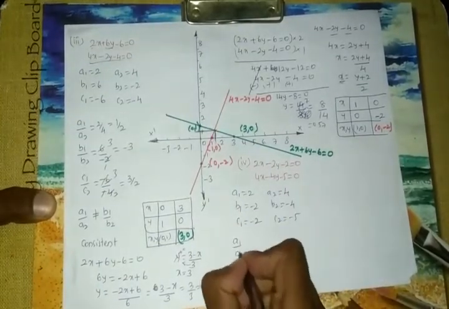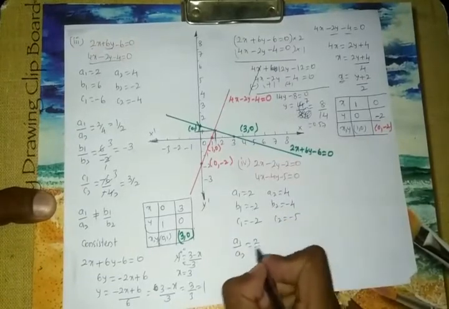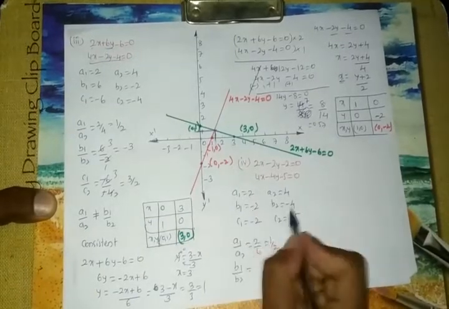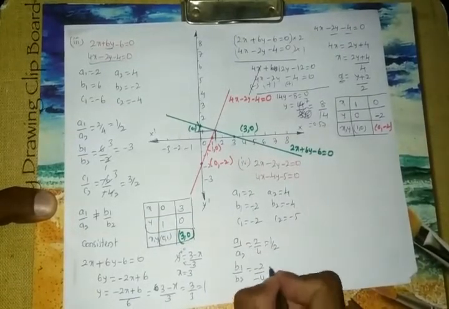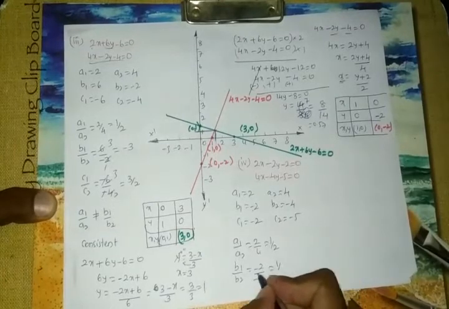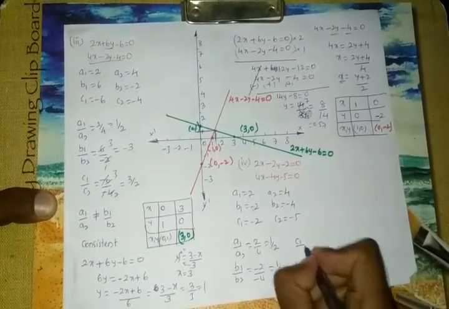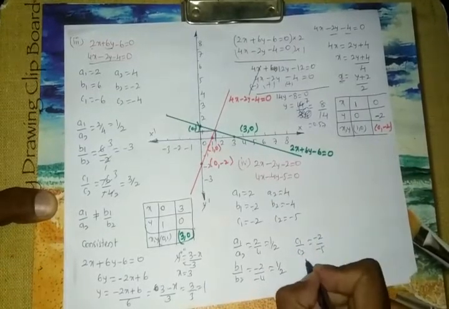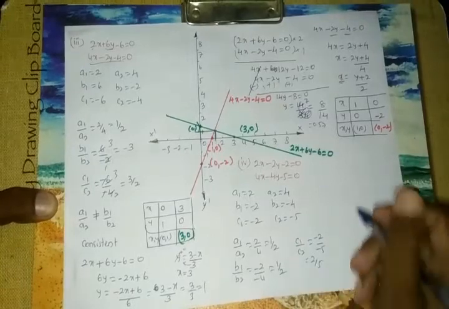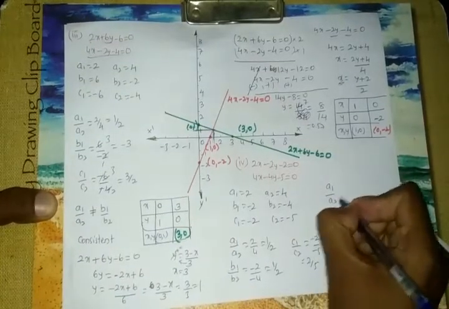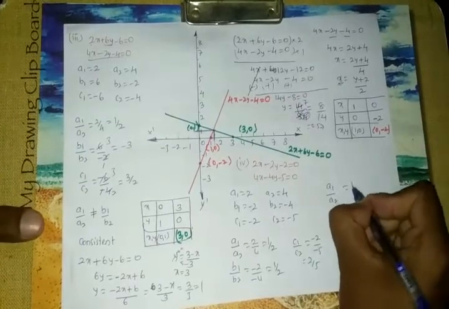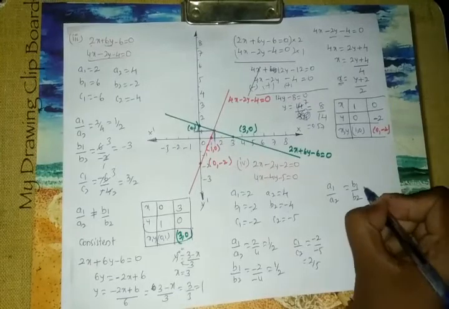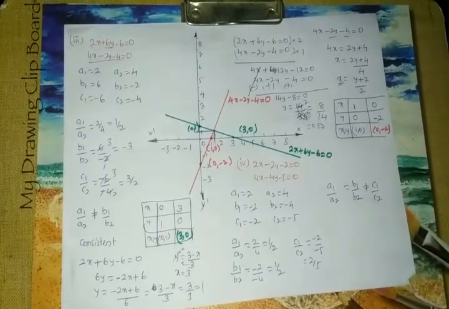Comparing the ratios, a1 by a2 is 2 by 4, which is 1 by 2. b1 by b2 is minus 2 by minus 4, which is 1 by 2, and c1 by c2 is minus 2 by minus 5, so this is 2 by 5.